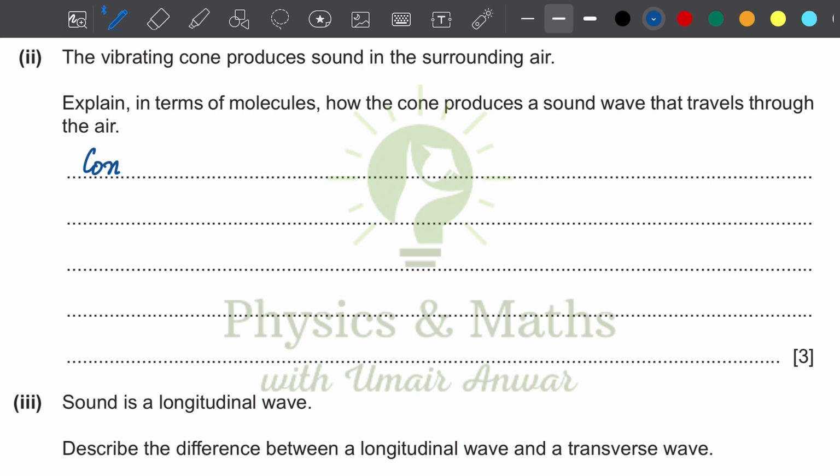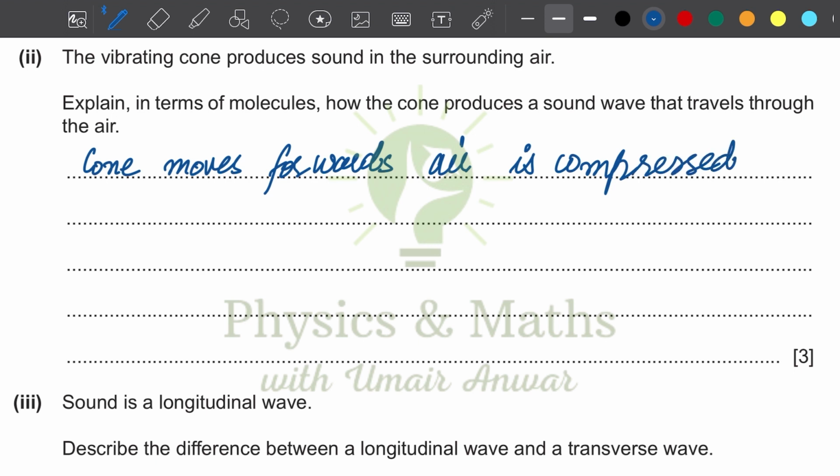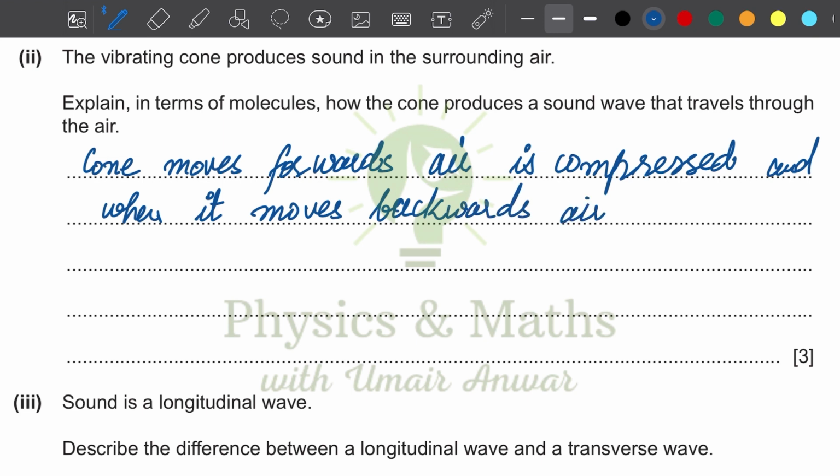So when the cone moves forward, air is compressed, and when it moves backwards, a rarefaction is produced. So we have continuous production of compression and rarefaction.